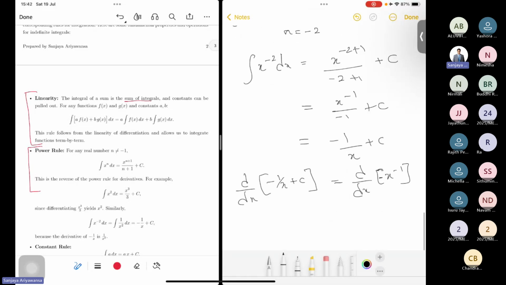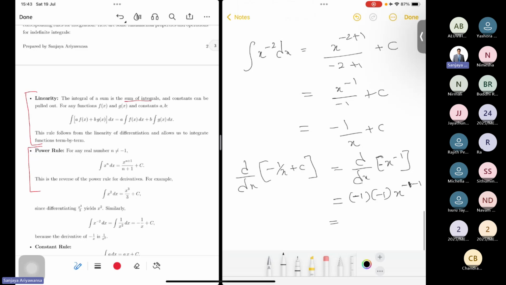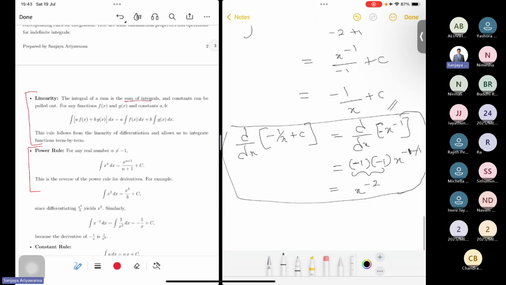So I would get minus 1 is there, times minus 1, x to the power minus 1 minus 1, right? Don't forget how differentiation goes. So this here makes it plus 1. So I get x to the power minus 2, right? So then from that I know I found my antiderivative correctly for the function x to the power minus 2, which is this answer. So that's the second rule.